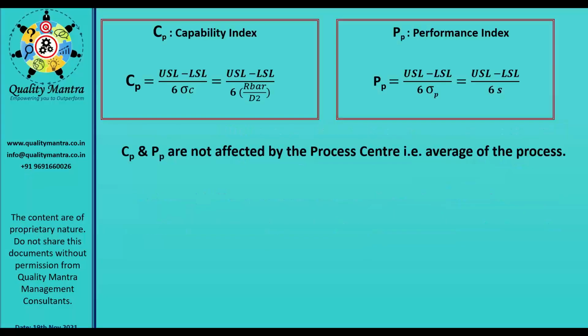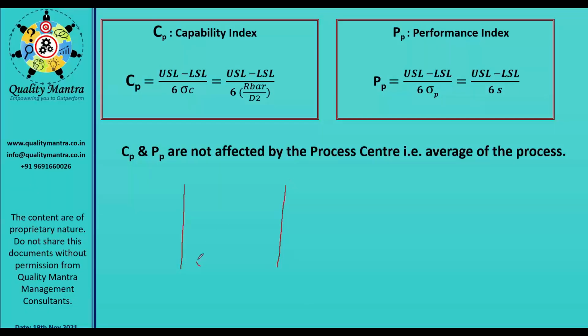Now, how are you going to calculate the capability index CP and performance index PP? Just look at the formula. The CP and PP are not affected by the process centering. It means, this is your road.